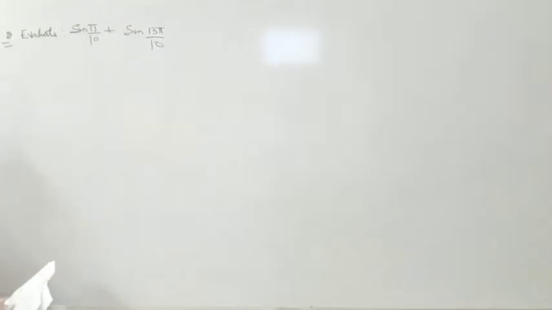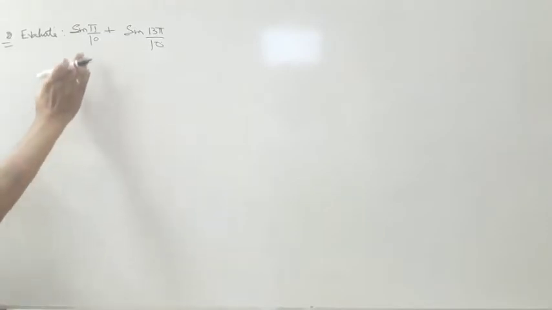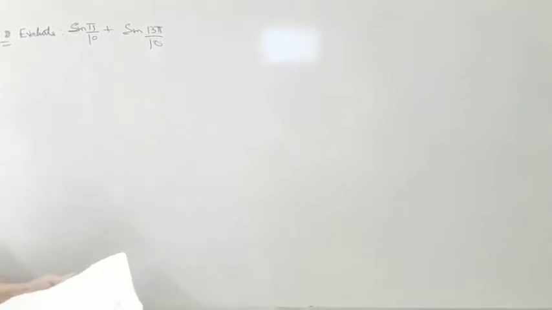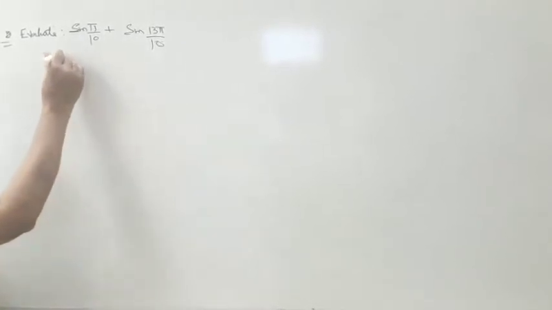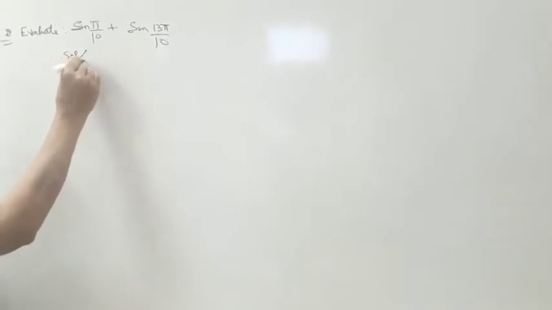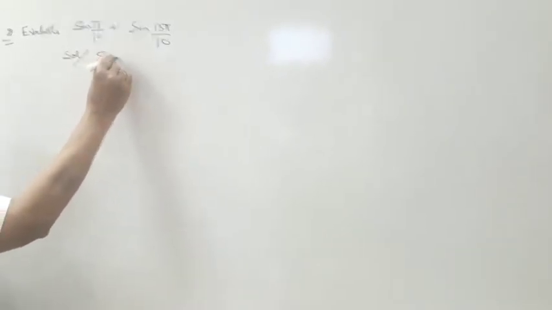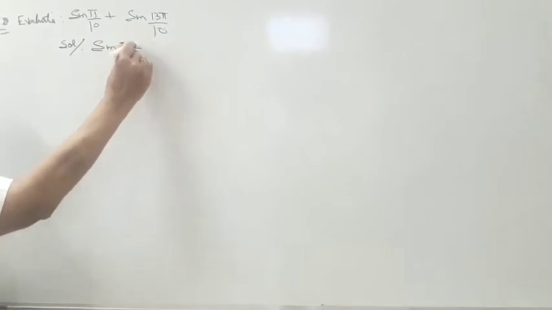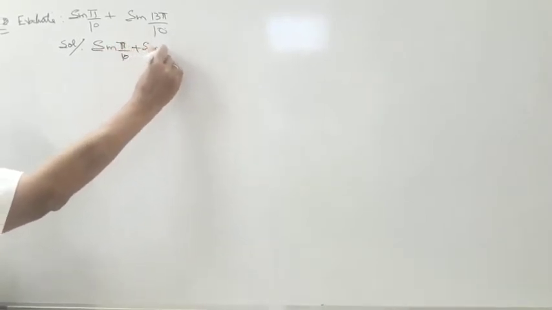Right? Let us take up another question: sine pi by 10 plus sine 13 pi by 10. Now again, it is better in this case to go in degrees, because sometimes we take help of this.